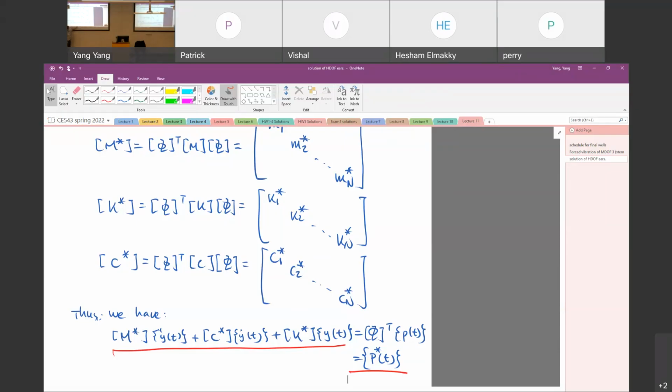And so all of them are star. Any questions up to here?